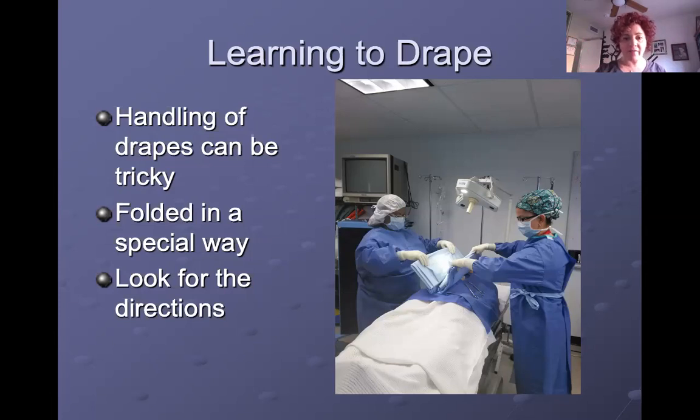And squaring off means that we are going to prepare 4 towels in a special way, which I will demonstrate next course for you. And we're going to pass those to the surgeon. And the surgeon is going to begin establishing that sterile field with those 4 towels. So we call it squaring off because they kind of just go along the bottom and the edges and the top of that surgical site area, all right?